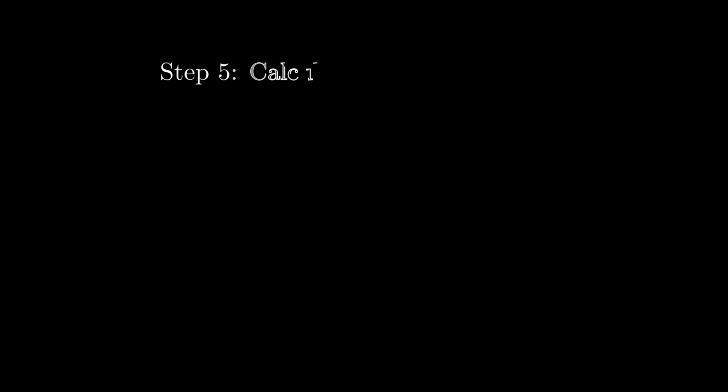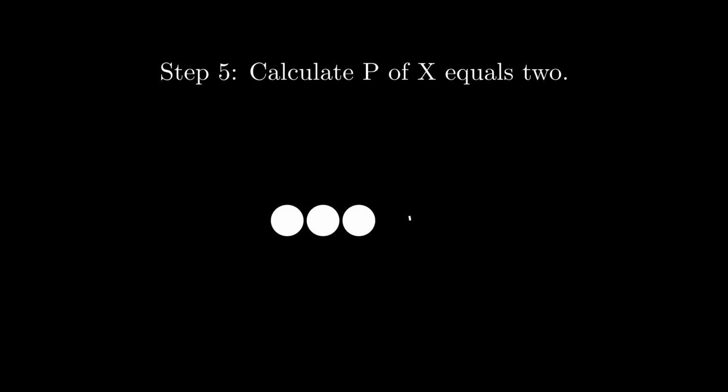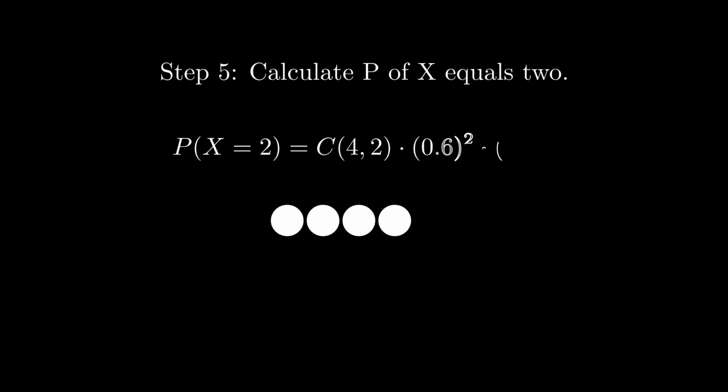Step 5. Calculate the probability of hitting the target 2 times. Using the binomial formula, C of 4, 2 is 4 choose 2, which is 6. 0.6 to the power 2 is 0.36, and 0.4 to the power 2 is 0.16.